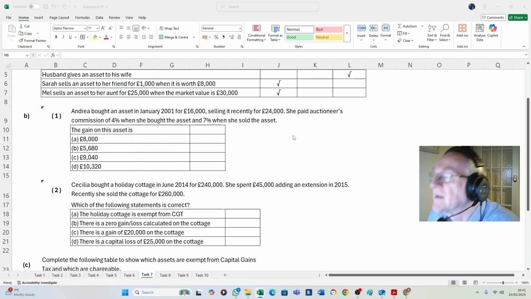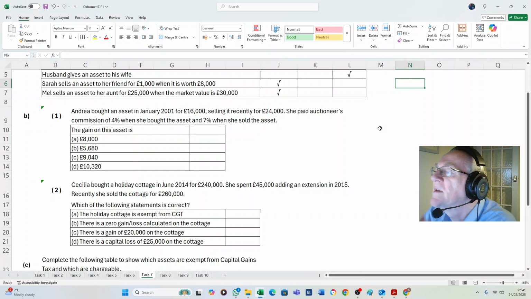There we are, nice and easy, but knowledge: make sure you know the market price and the rules on connected people. So Andrea bought it for 16,000. Bear in mind that you've got to know the grid for chattels, the 6,000 rules, and the marginal relief. You've also got to know about allowable expenses. She's sold it for 24,000 minus 4%.